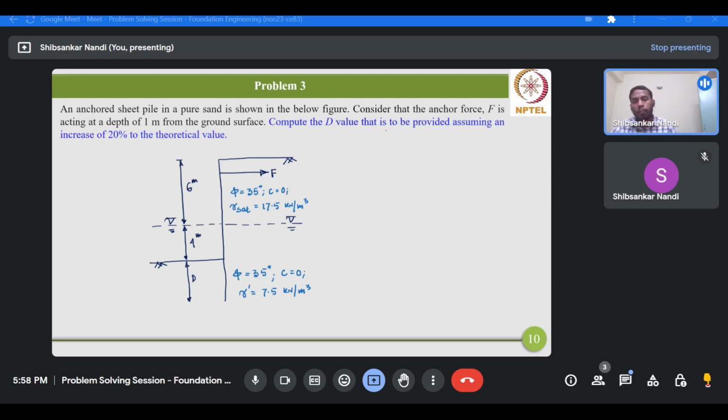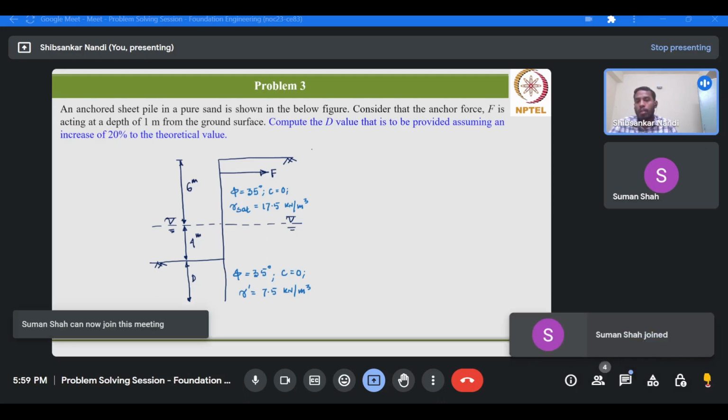Okay, so the same philosophy will be adopted for this problem as well. However, to determine the net earth pressure diagram, the rotation of the wall will be slightly different as compared to the previous scenario. In the previous scenario, we were given a cantilever sheet pile wall. Now in this problem, it's given an anchor sheet pile wall.